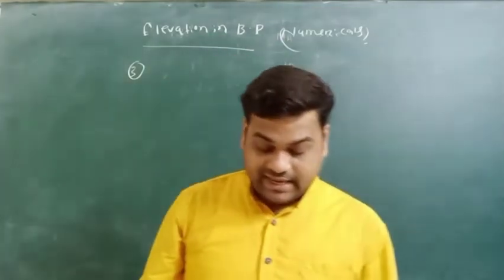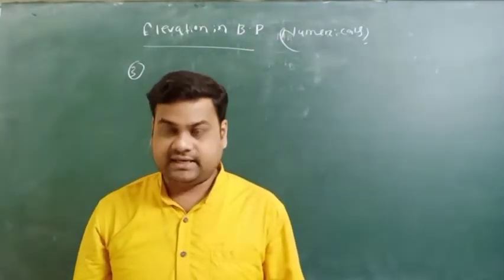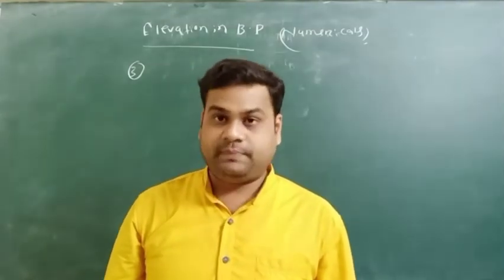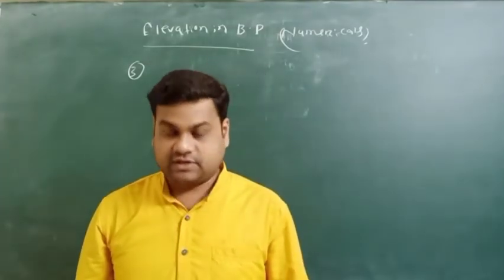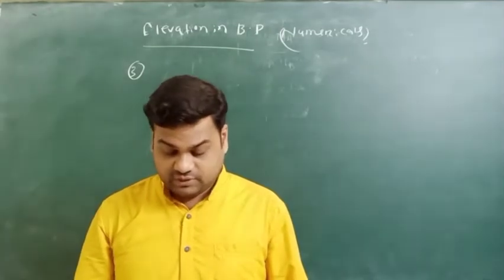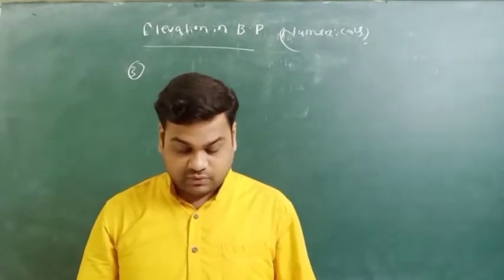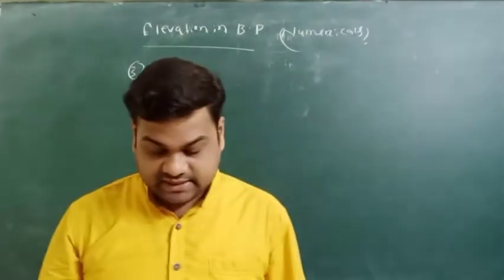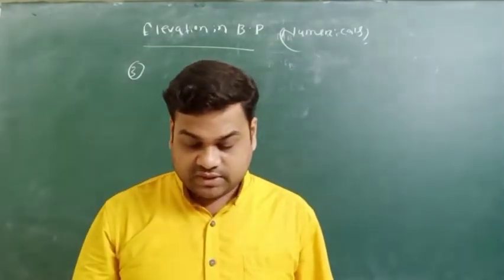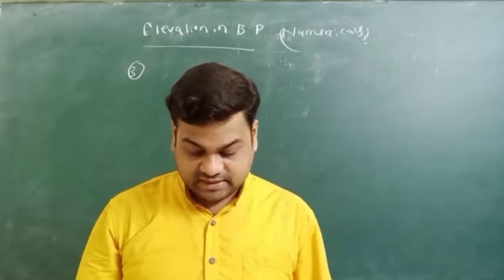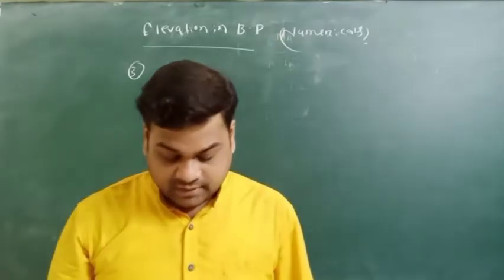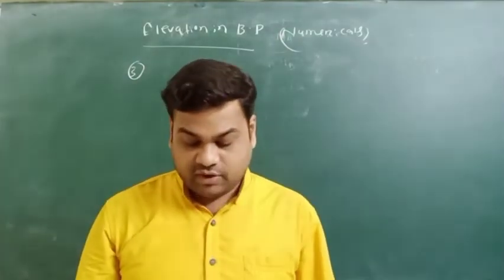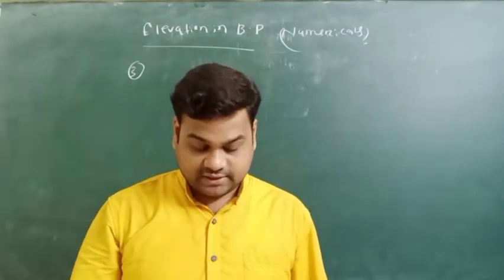Okay, molar elevation constant, we can say the ebullioscopic constant. Molar elevation constant means Kb. Here Kb is given as 2.52 Kelvin per mole, and a solution of some organic substance in benzene boils at 0.126 degree higher than benzene. It means the elevation in boiling point is 0.126.